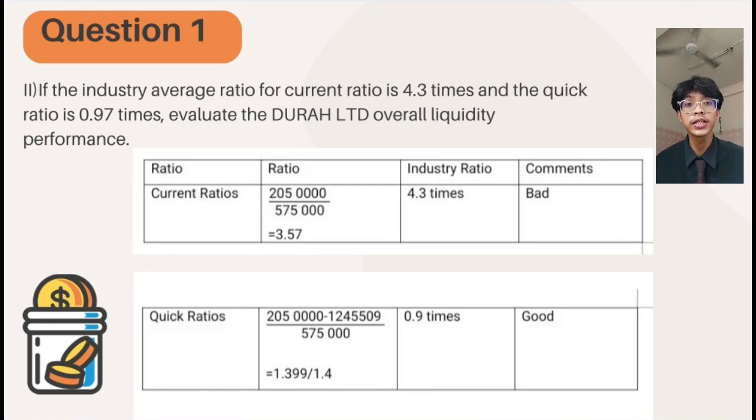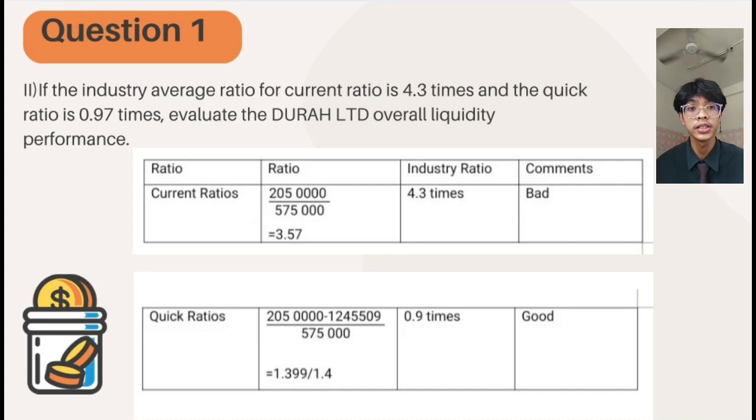Next up, the quick ratio. This one looks much better because we calculated Dura Ltd's quick ratio as approximately 1.40 times, while the industry average is only 0.97 times. This means Dura Ltd is outperforming the industry in terms of quick liquidity.